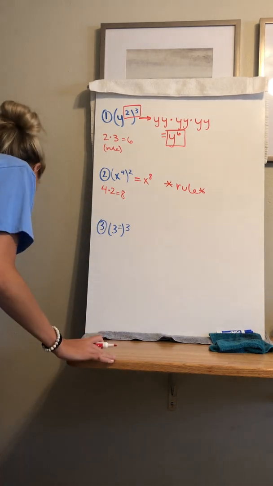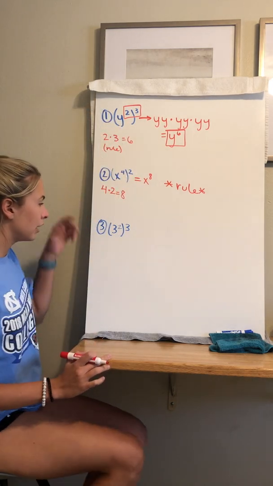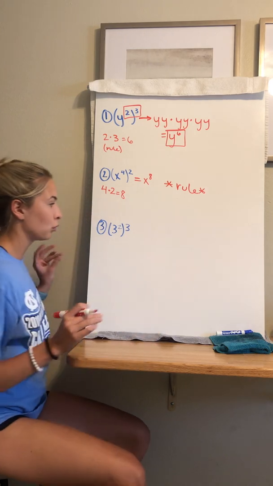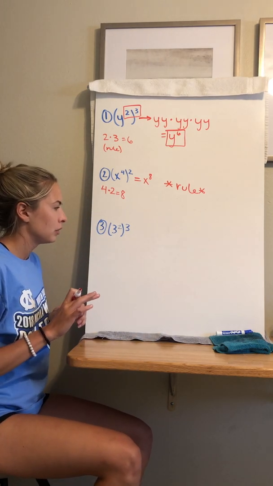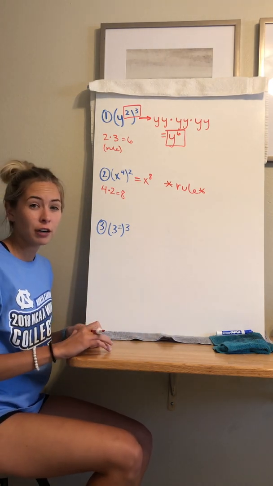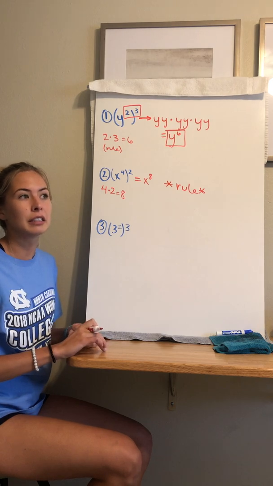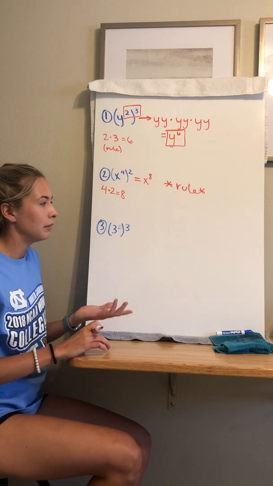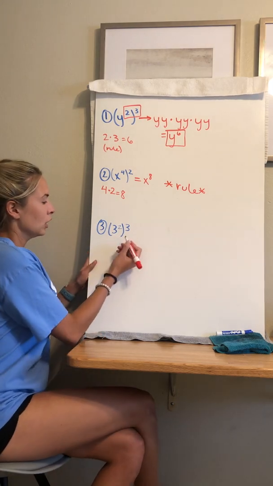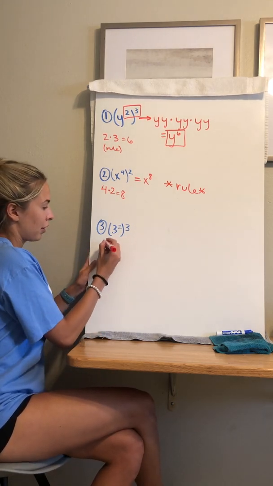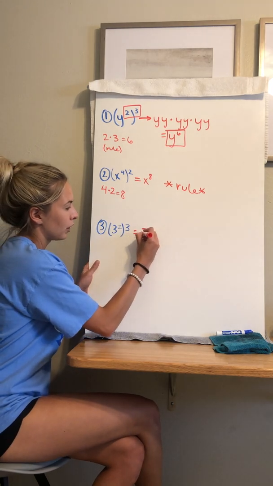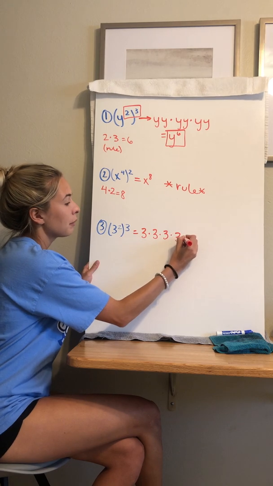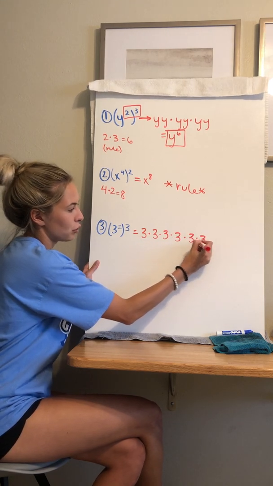So now, let's take a look at 3. We're going to do both expanded and using our rule, but I'm going to show you expanded first because it's going to fully show you why we use exponents and why they're so much easier. So 3 squared raised to the 3rd power becomes 3 times 3 times 3 times 3 times 3 times 3, right?